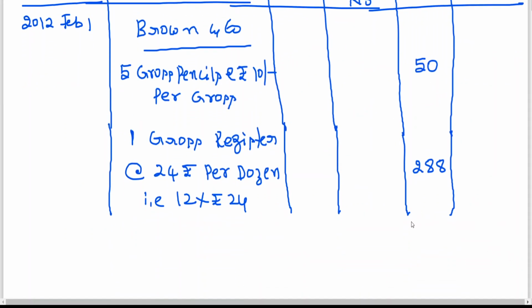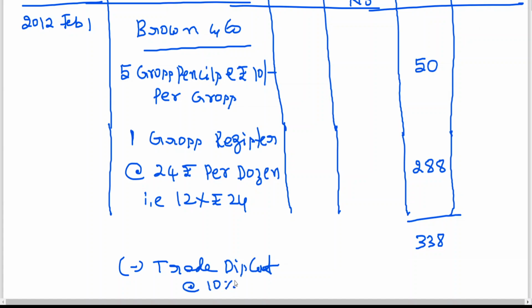You go for the total of it, 288 plus 50, it is coming to 338. 10% is 33.8, and if you deduct, you will be getting 304.2.